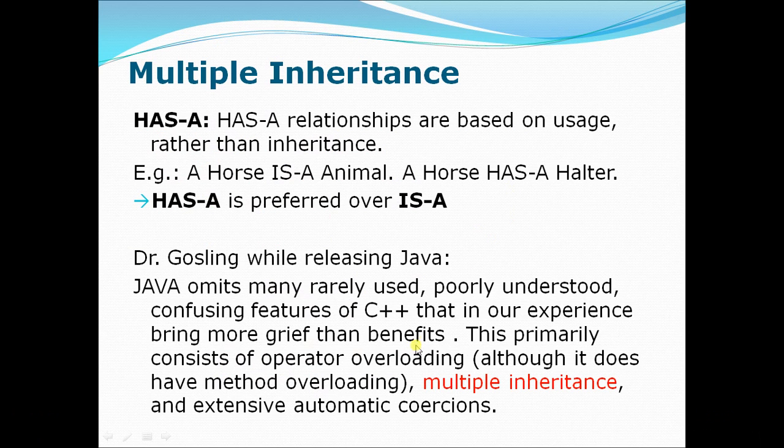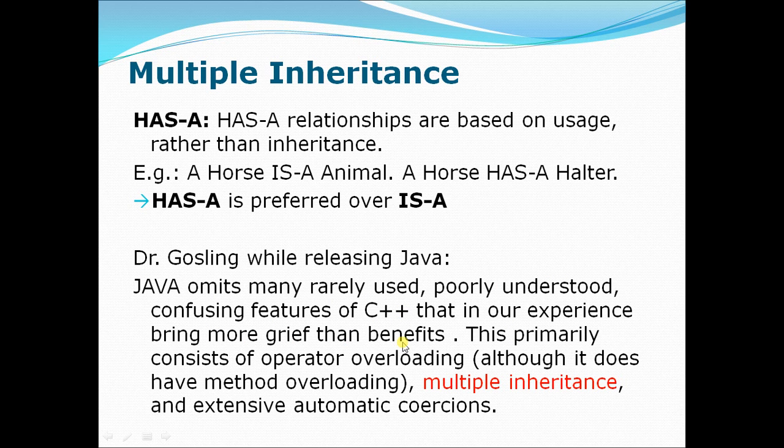Now try to understand, whenever Java was getting released, Gosling had given some statements. So what was the statement? Java omits many rarely used, poorly understood, confusing features of C++ that in our experience bring more grief than benefits. So what are we saying?